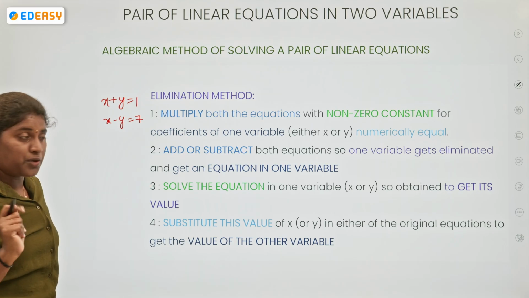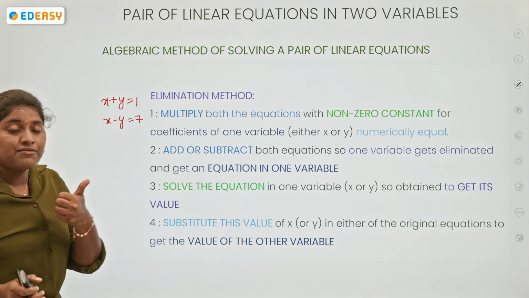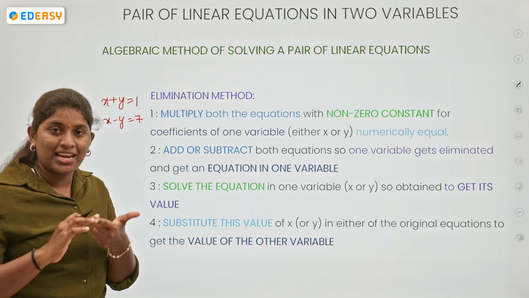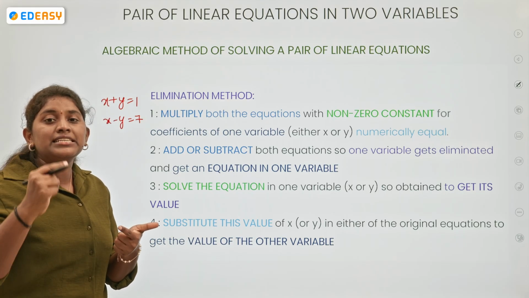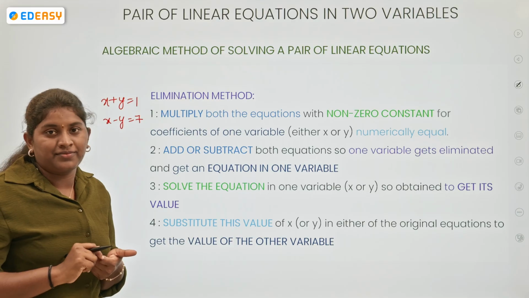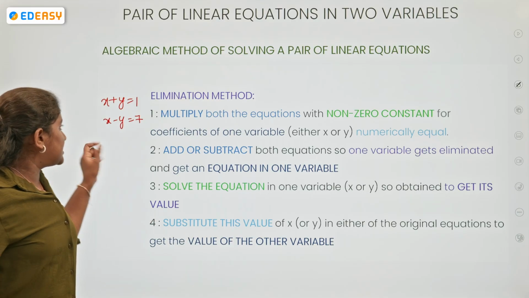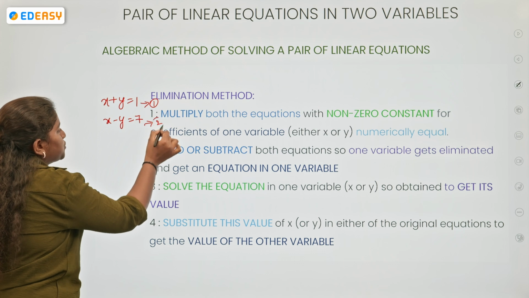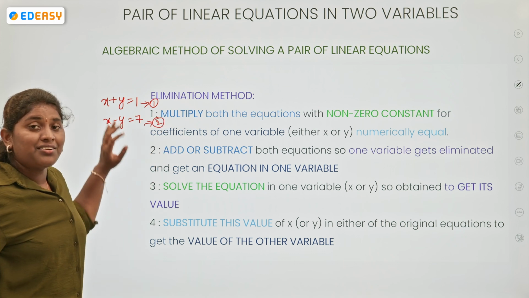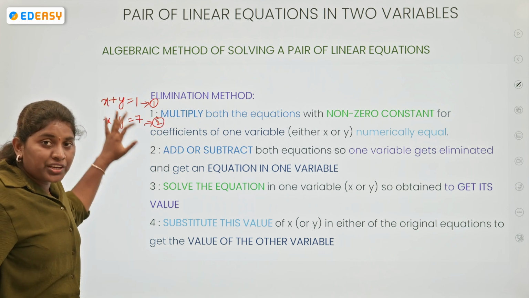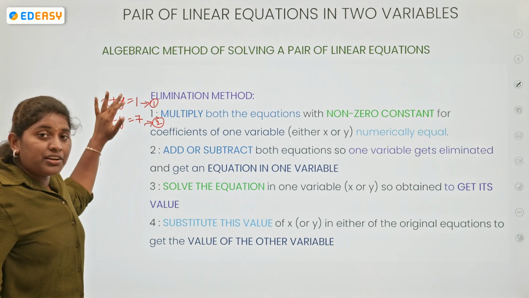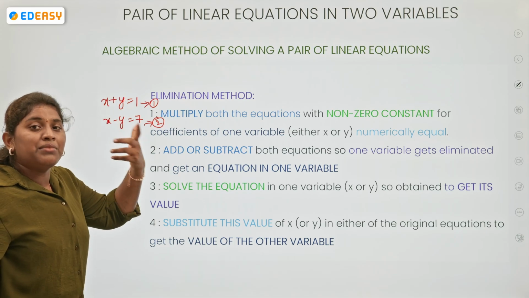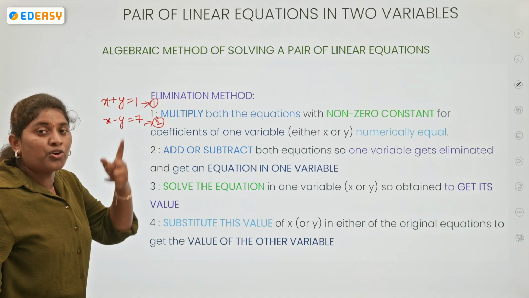First, we check whether on direct addition or subtraction one of the variables is eliminated or not. This is my equation 1 and this is my equation 2. If I add or subtract these two equations, do we eliminate one variable or not?